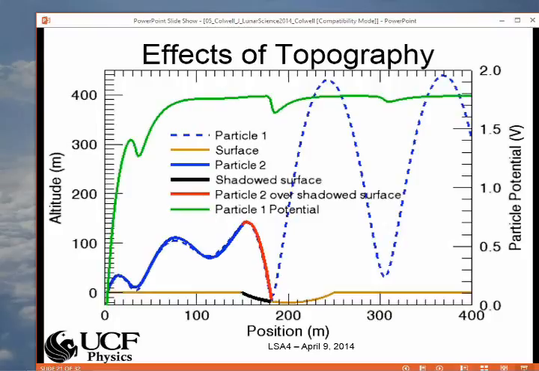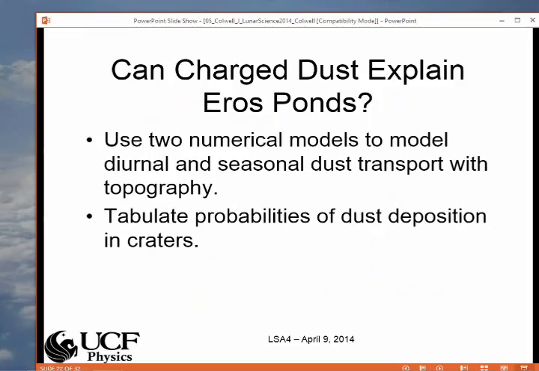So the electric force is responsible for separating those particles from the surface and causing them to hop, but they're not going through this floating trajectory. The height of the horizon glow is on the order of a meter, and that constrains the launch velocity of those particles to be about a meter per second.